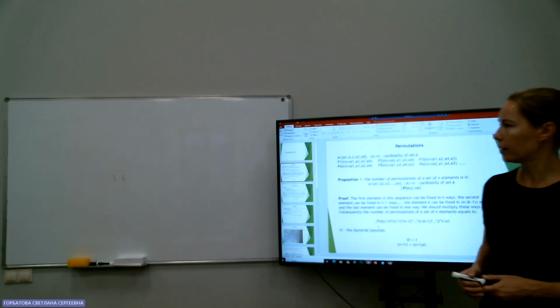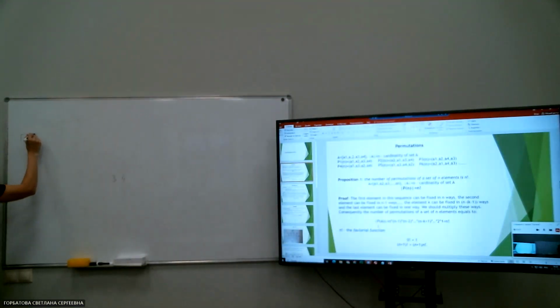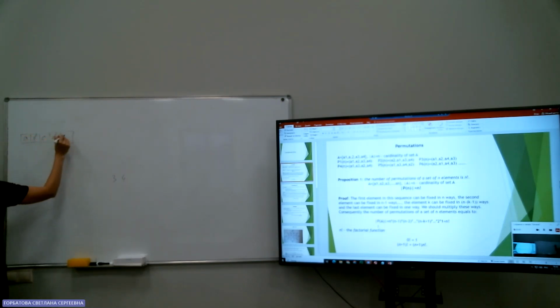If we have elements, for example, A, B, C, D, F. So permutations, it is n elements from n elements, but in different kinds of position of the elements.